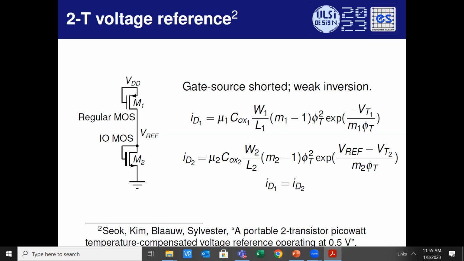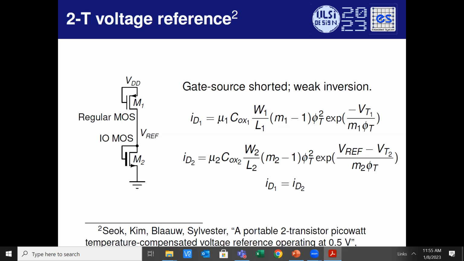Ideally, a CMOS inverter draws current only during the switching transitions. But because of weak inversion, the CMOS inverter is going to draw current even when there is no transition. So suppose your input is VDD, the gate is at VDD, and the output is at ground.